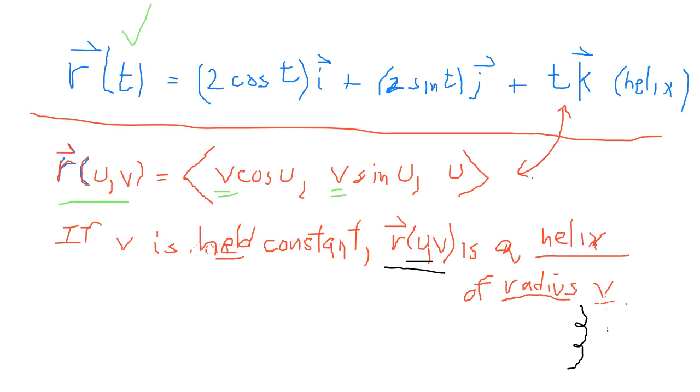If you let V equal 1, 2, 3, and 4, how many helices are you going to get? Multiple. As a matter of fact, you would get 4 helices, right? So if V is allowed to vary, we're going to get an infinite number of helices.